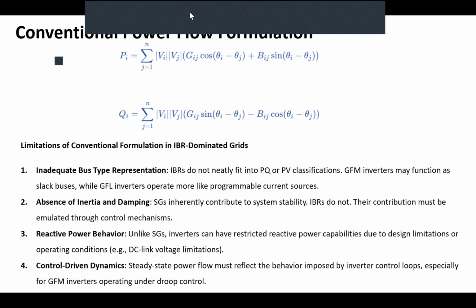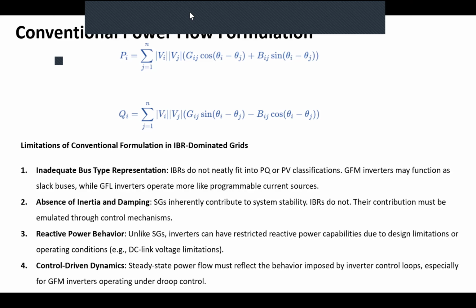Okay, now this is one thing. Another thing is the absence of the inertia and damping, which we already talked about, that would also affect the power flow analysis. And another part is the reactive power behavior. We said the level of the voltage would respond to the level of the reactive power injection or consumption.